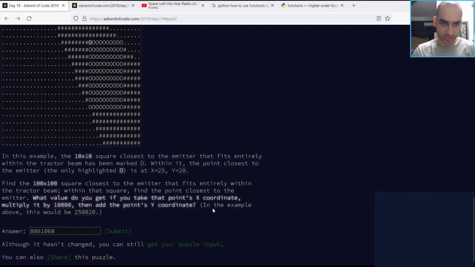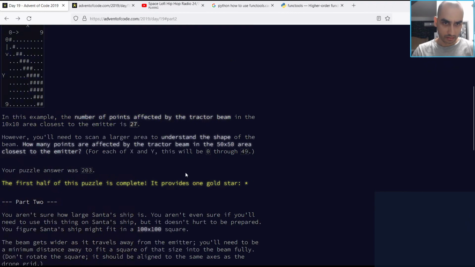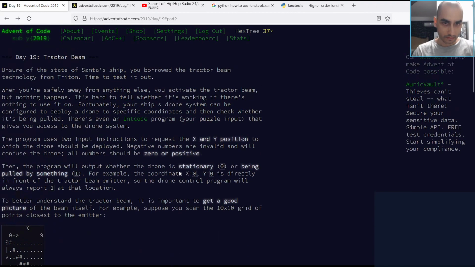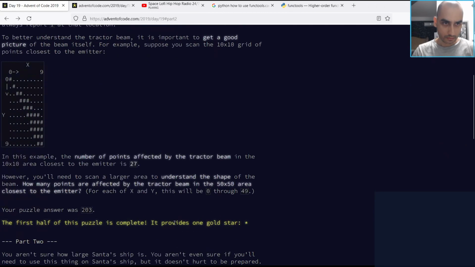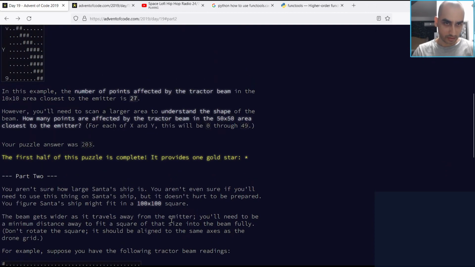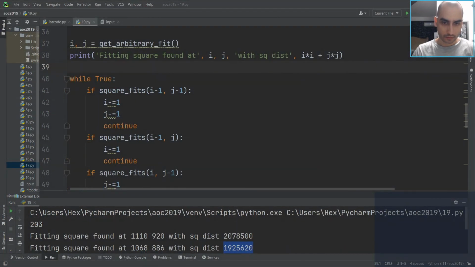And the emitter is 0, 0, right? They don't actually say. They say in front, I guess.